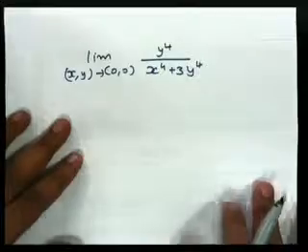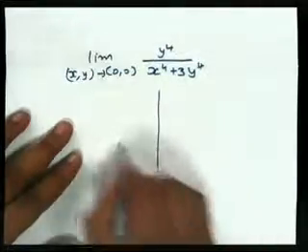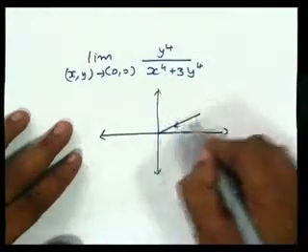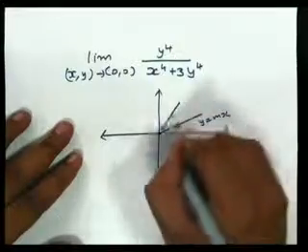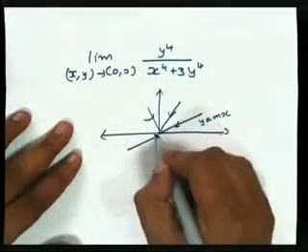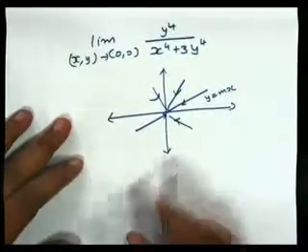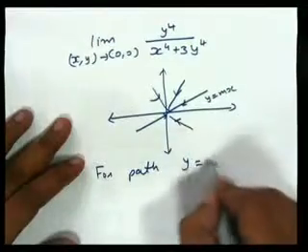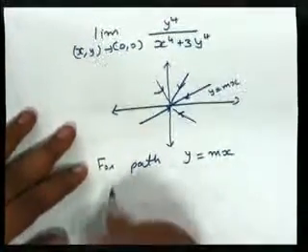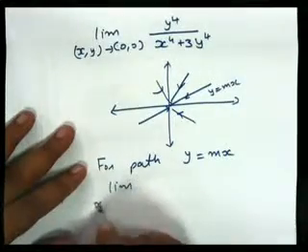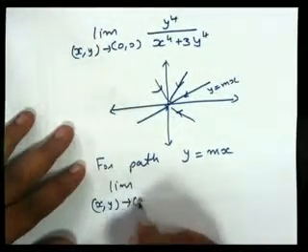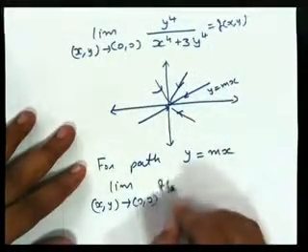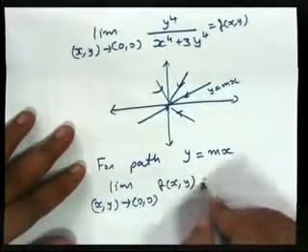Now see here, if I approach the origin by a path like y = mx, any other path like this, then what happens? For the path y = mx, I can write this limit as (x, y) tends to (0, 0), considering this as f(x, y), f(x, y).